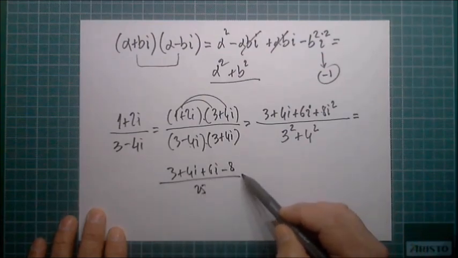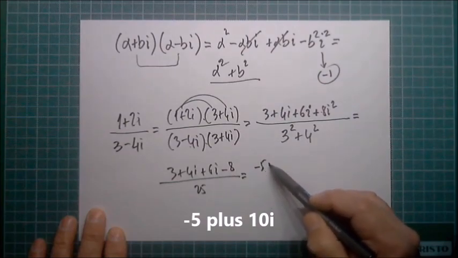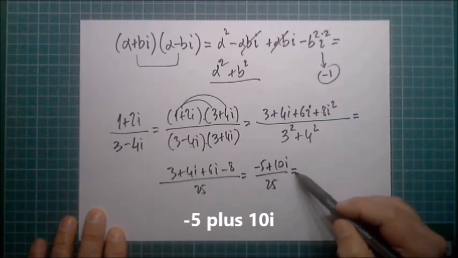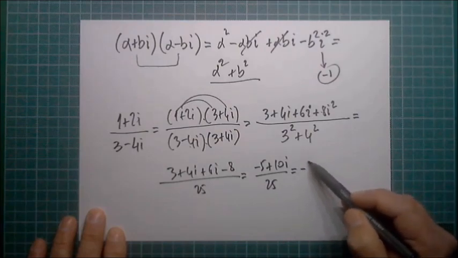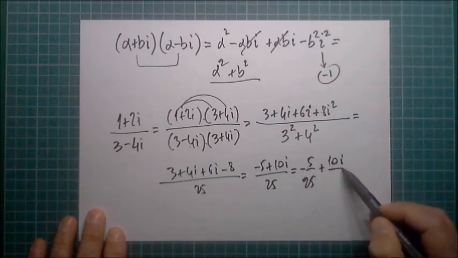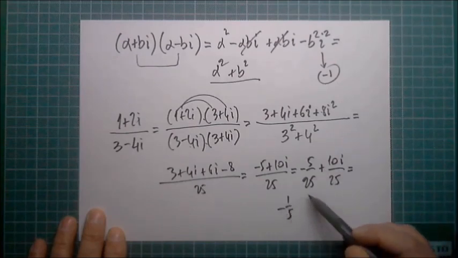And we finally have minus 5 plus 10i divided by 25, and this becomes minus 5 over 25 plus 10i over 25, which is finally minus 1 over 5 plus 2 over 5 i.